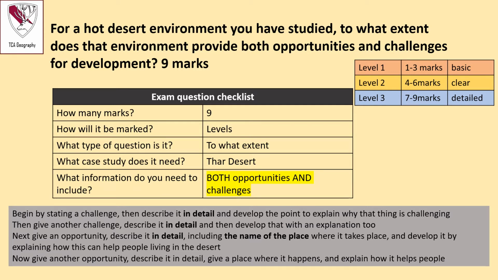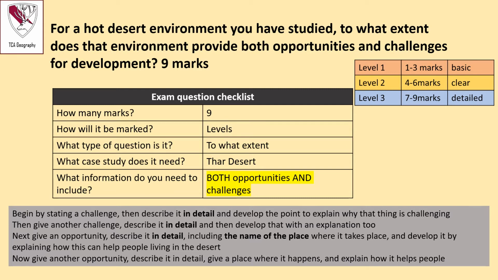It wouldn't get any more. And it probably would only get a level 1. Or the same if you only wrote about challenges. The question says provide both opportunities and challenges, therefore you must talk about both.